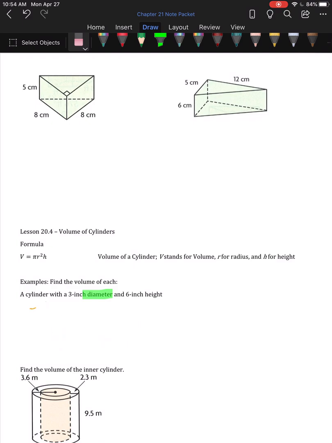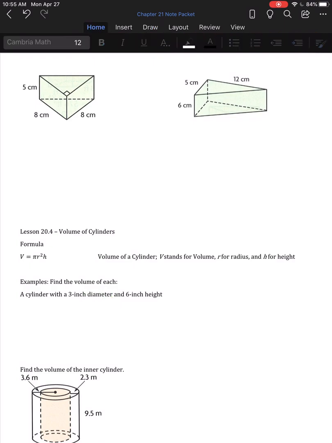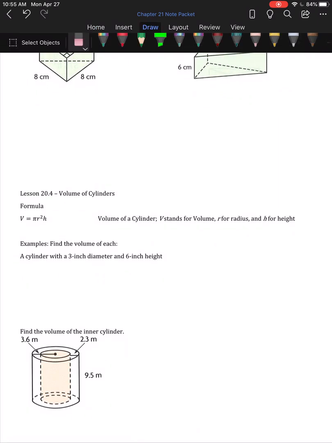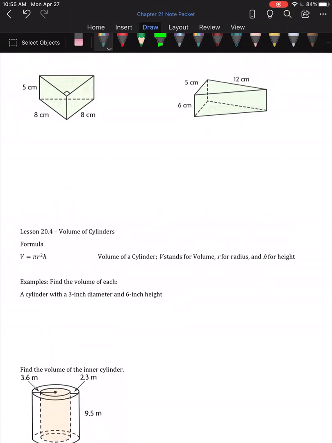Next up, we've got a diagram that has the cylinder we want, the beige cylinder, inside of a larger empty cylinder.